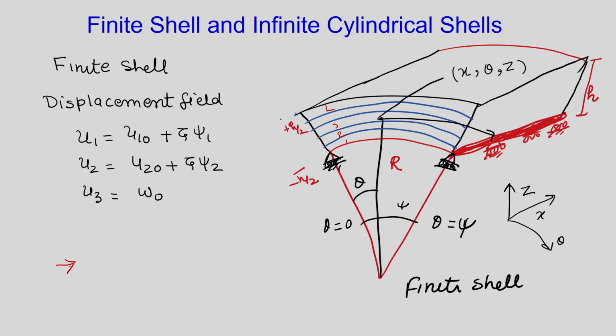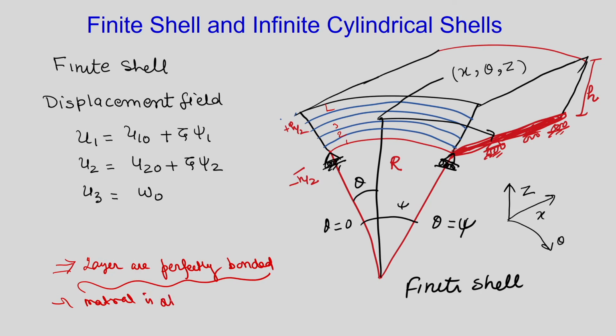Sometimes I may forget to mention that the formulation and all the solutions I have discussed are valid when layers are perfectly bonded and the material is orthotropic. The solutions I am presenting are for cross ply composites and sandwich plates; it is valid for that.